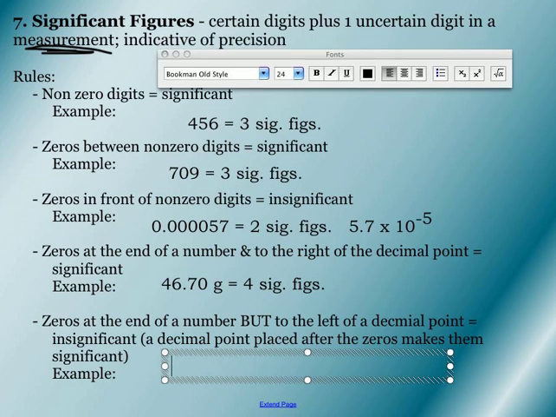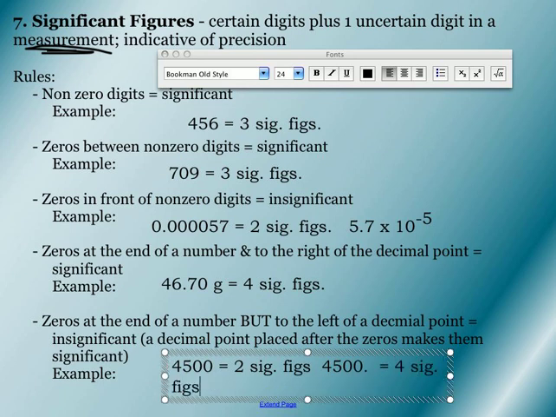So if we write 4,500, we have 2 sig figs. It's the same kind of thing as the rule up here with the zeros out front. Zeros at the end, if you're just saying, oh, I have 4,500, it's almost like an estimate. So they're almost placeholders. If I take the time and write 4,500 dot, now you're saying this is an exact number, and now you magically have 4 sig figs.